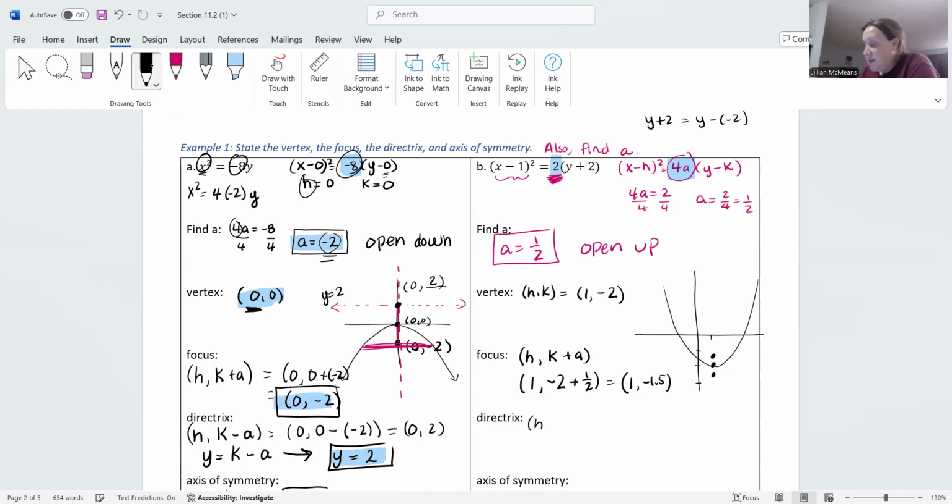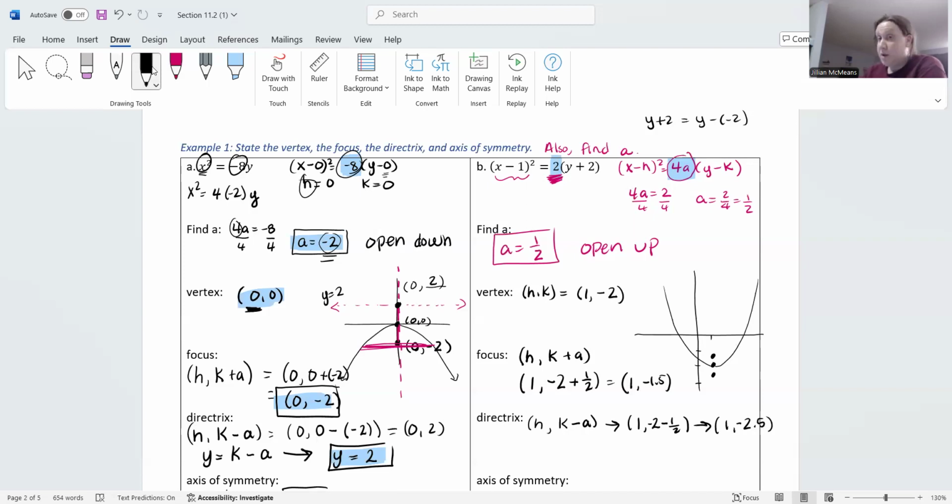Hey, the h is going to stay the same. The h value, the x coordinate from the vertex, isn't going to change. But we do need to take whatever the k value is and subtract a. So h is going to stay at 1, but k, which is ordinarily negative 2, we're going to subtract another 1/2 from that. So the directrix is going to go through the point (1, negative 2.5).